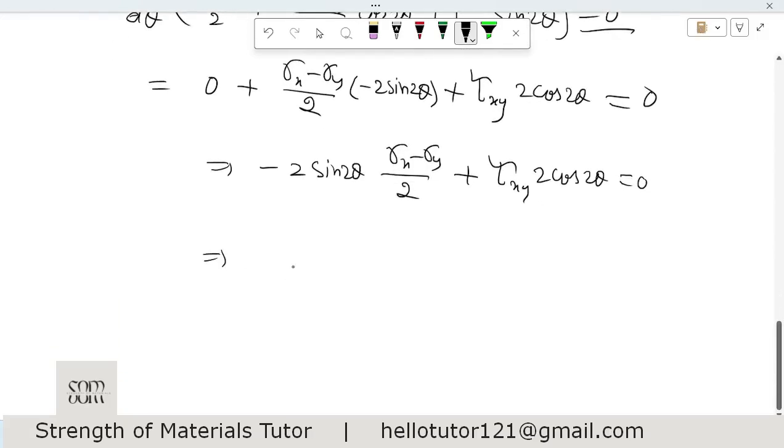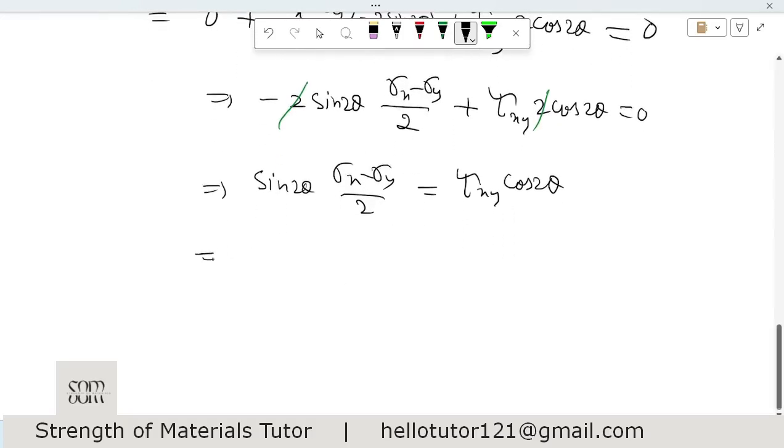Now first of all, this 2 and 2 will cancel out. Then let us throw this term to one side, so the negative will change to positive, and they will equate. So it is sine 2 theta times sigma x minus sigma y by 2 is equal to tau xy cosine of 2 theta.